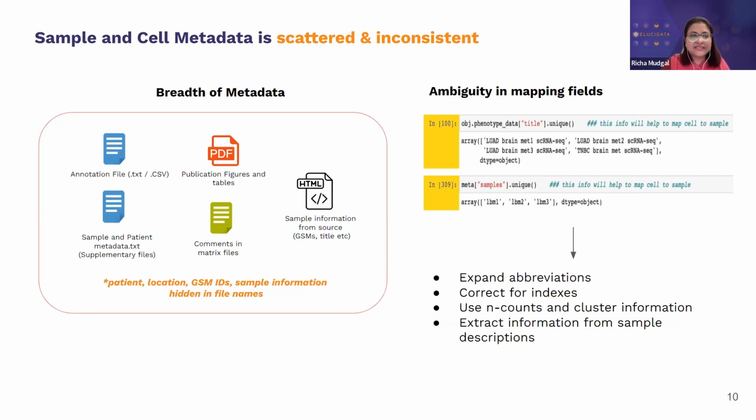So that needs a little digging, a little bit of understanding of the publication itself, and finding and correcting those. We often even use information related to the cluster numbers, and the counts and the number of cells in a given cell type, to unambiguously map the sample information to our metadata as well.